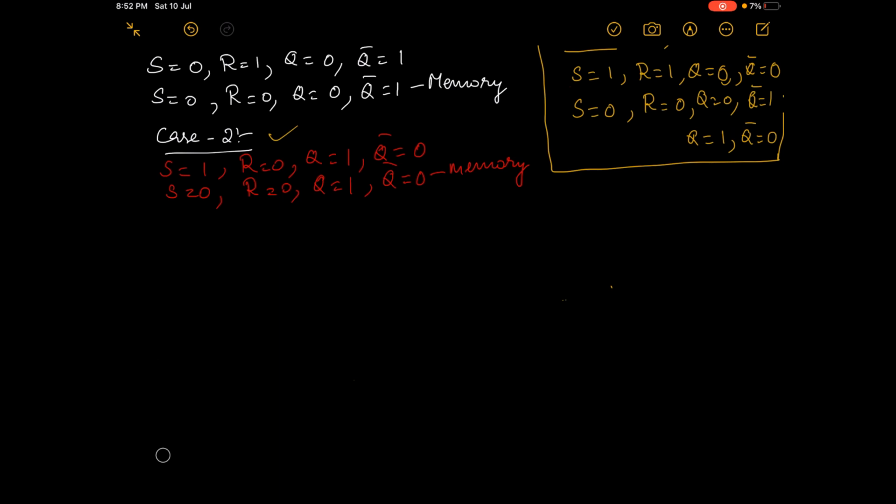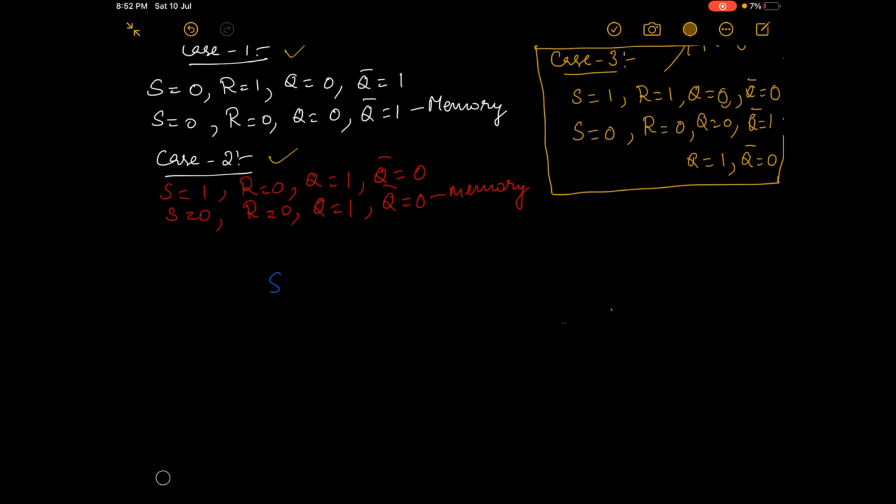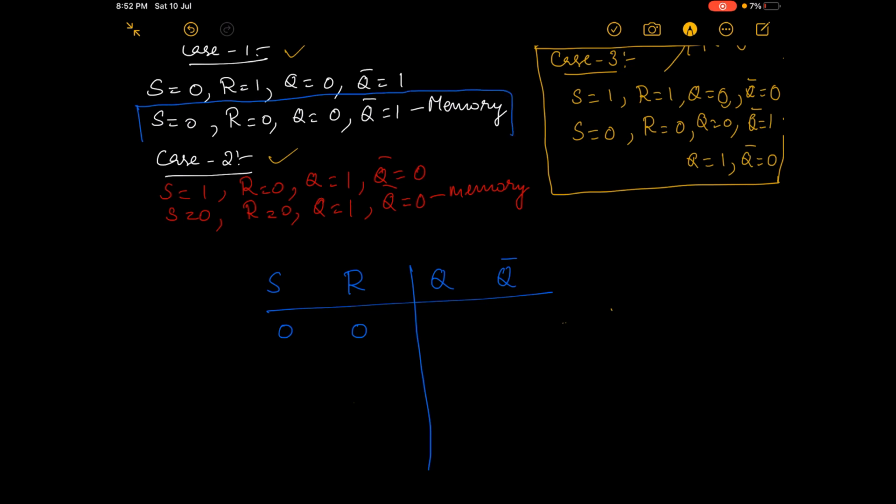Now you can form a table and summarize all the three cases. So here you have the inputs S and R and you have the outputs Q and Q bar. When you give S as 0 and R as 0, it has a memory. Similarly in the second case also, when you give S as 0 and R as 0, you have a memory.